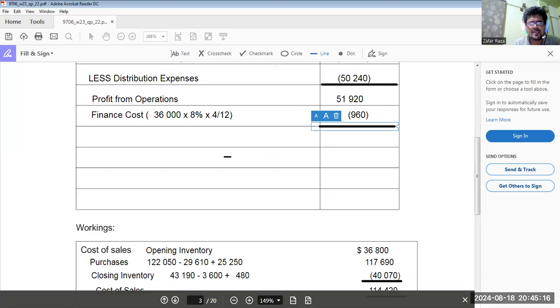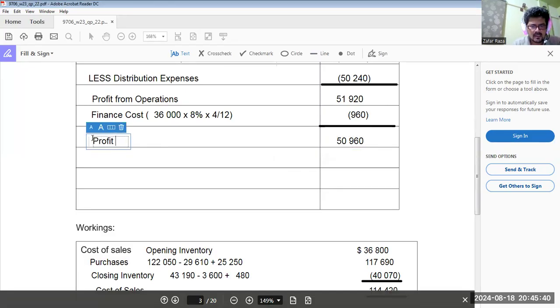So after 51,920 minus 960, we have 50,960. 50,960 is left with us, which is our PBT, profit before tax.